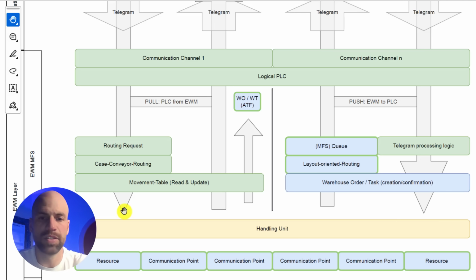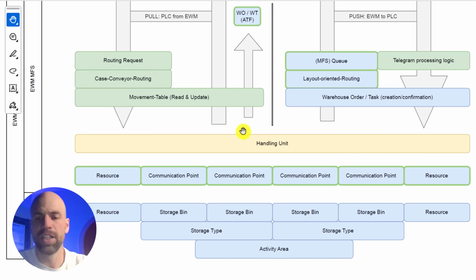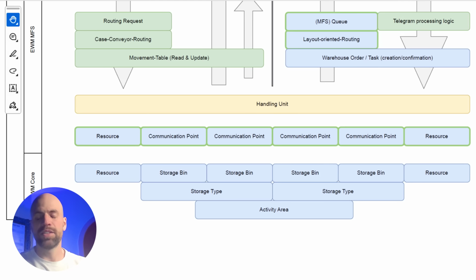And those components also hold the telegram processing logic. We have the handling unit as one essential object in EWM, the one which is moved logically and physically. And we have the organizational structure plus master data in EWM Core, which is a foundation and which is enhanced by MFS objects, which enrich the EWM Core objects with specific characteristics and functionalities.